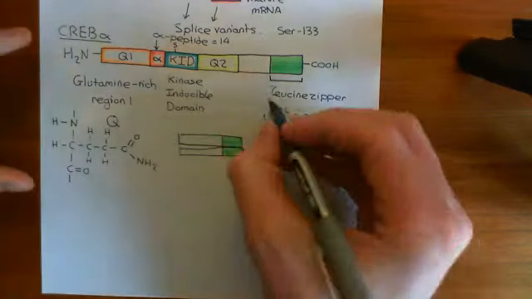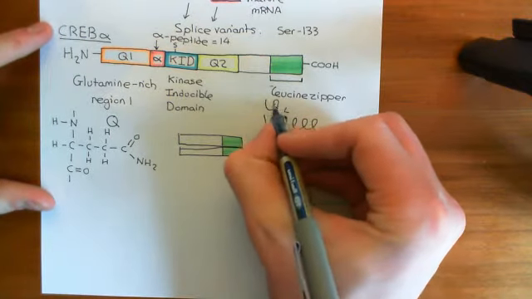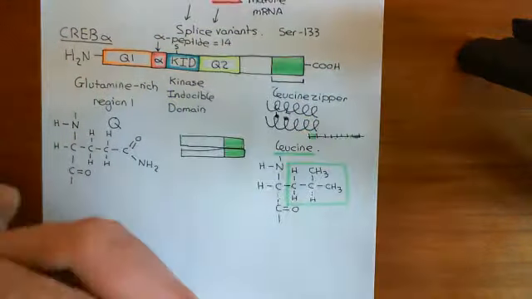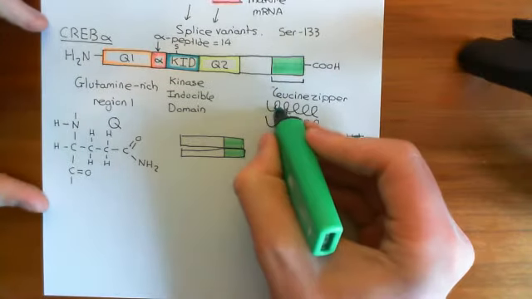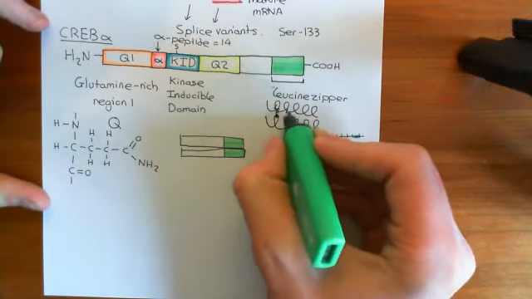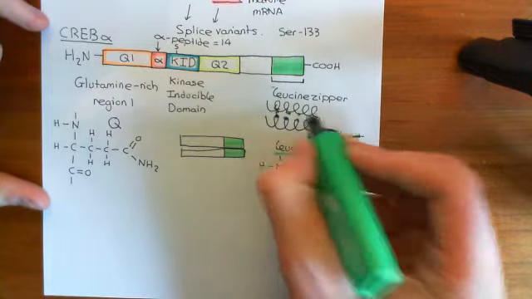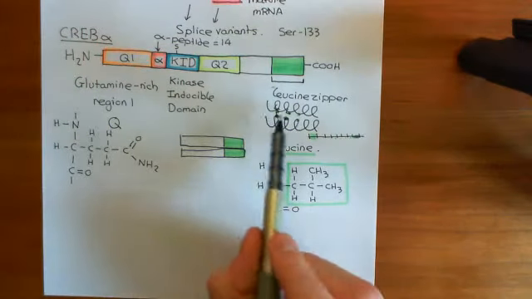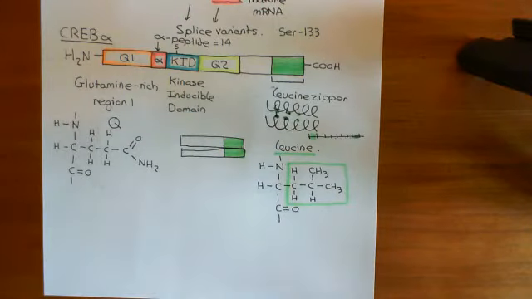The idea is that you'll bring another one of these over here, which will also have leucine residues sticking off the side of it. The leucine residues will interact with each other very favourably, because they're both hydrophobic structures, and that will hold the 2 leucine zipper alpha helices together.